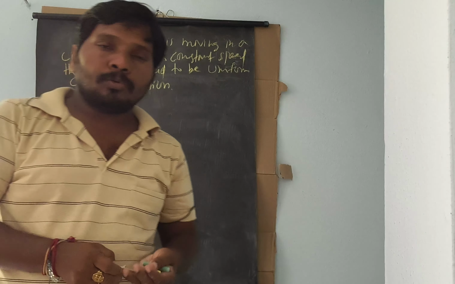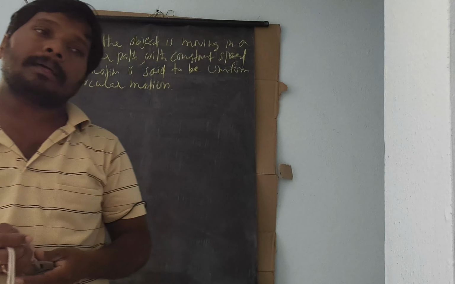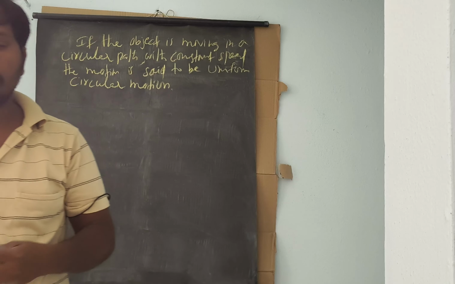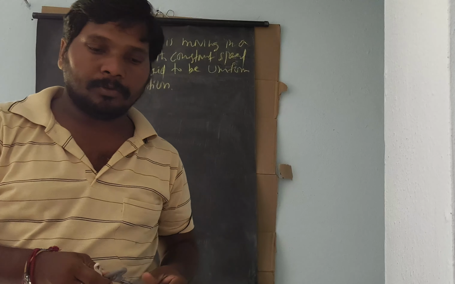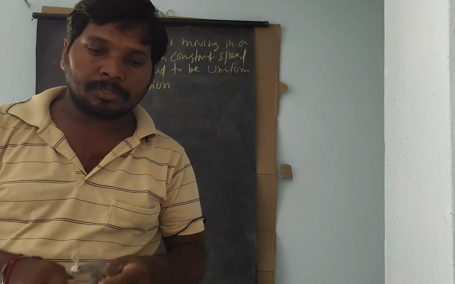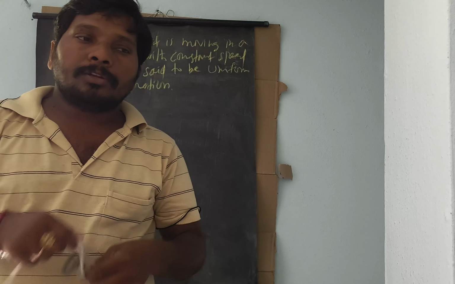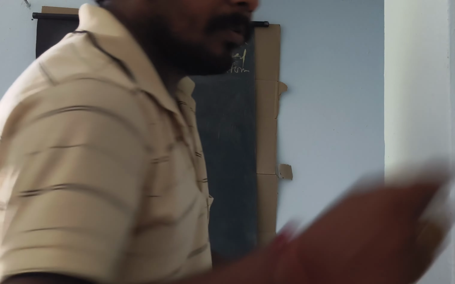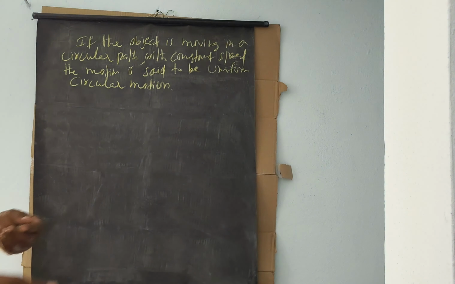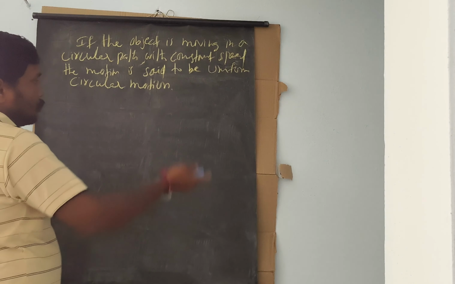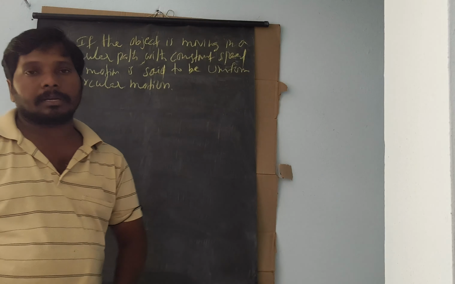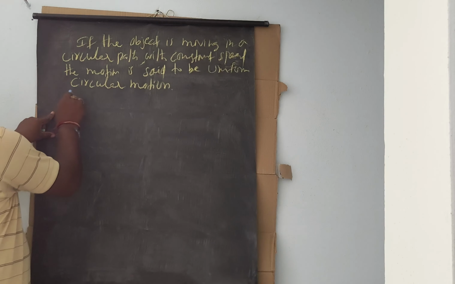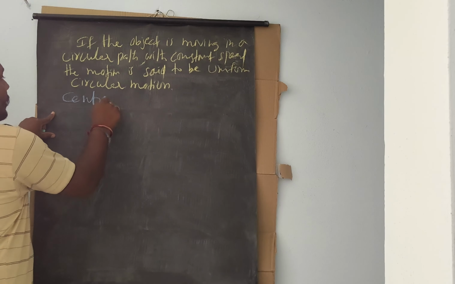Right? To move an object in a circular path, or in uniform circular motion, we require some force. The force which makes the object move in a circular path, we call centripetal force.